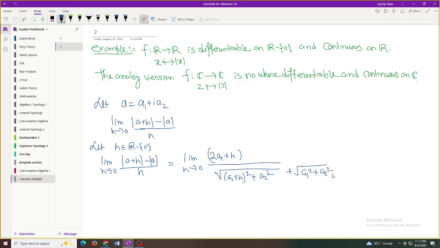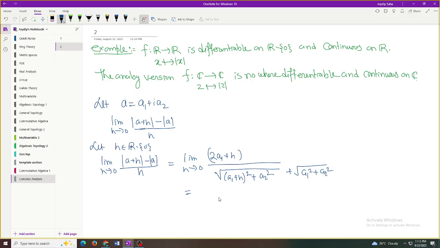Sir, h can be a nonzero complex number, why do we take only real numbers? After completing this calculation, you will ask this question.